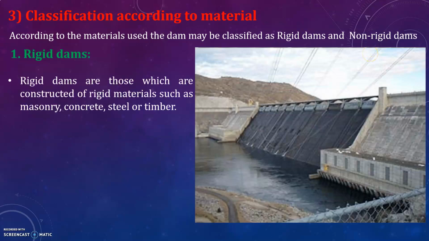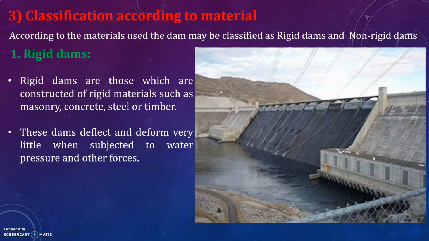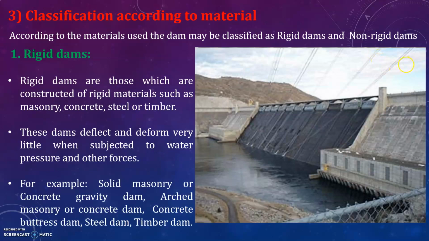Rigid dams are those which are constructed of rigid materials such as masonry, concrete, steel or timber. These dams deflect and deform very little when subjected to water pressure and other forces. For example, solid masonry or concrete gravity dam, arched masonry or concrete dam, concrete buttress dam, steel dam, timber dam.